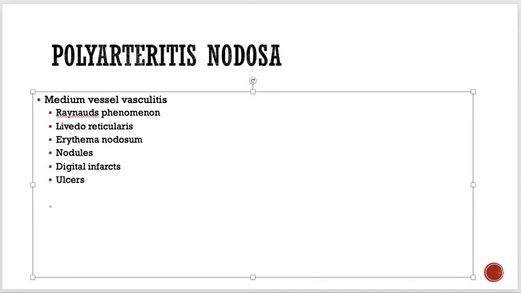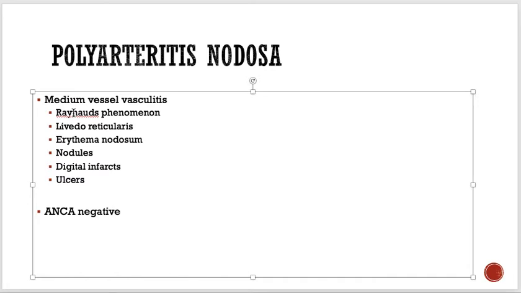Now, if we talk about polyarteritis nodosa, it is a medium-sized vessel vasculitis, right? And these are the features which are generally present in medium vessel vasculitis. One thing: polyarteritis nodosa is ANCA negative.